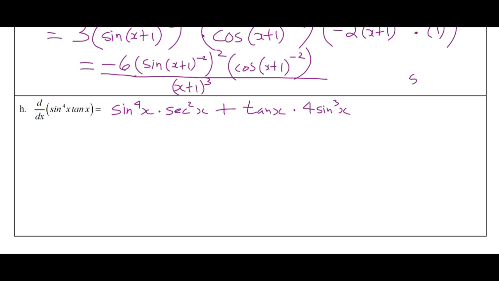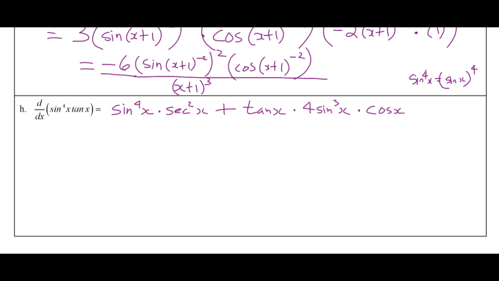Remember, sine to the 4th x is sine x to the fourth, so that's 4 sine cubed x, and then there's the inner function, which is sine x, and that's going to give you cos x. Okay, and that's where we're starting.